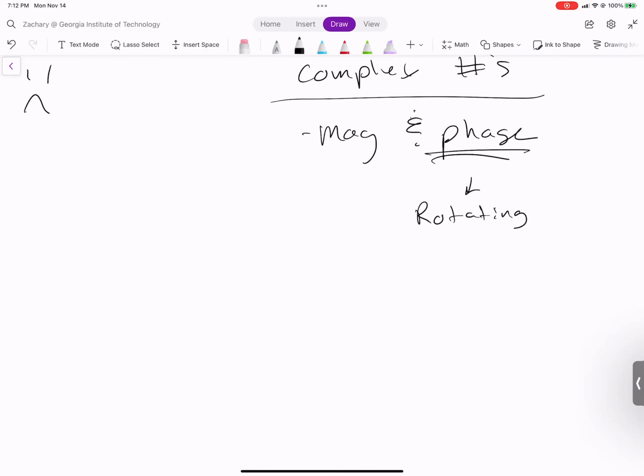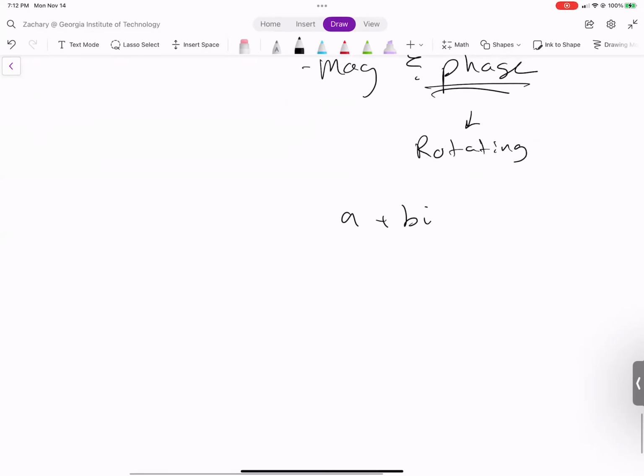Again, this isn't anything that's going to be on the exam. This is more of a conceptual thing that some people find helpful, and that's why I'm saying it. For some complex number a plus bi, when you multiply a matrix times some vector, you'll get a plus bi times that vector for a complex eigenvalue.